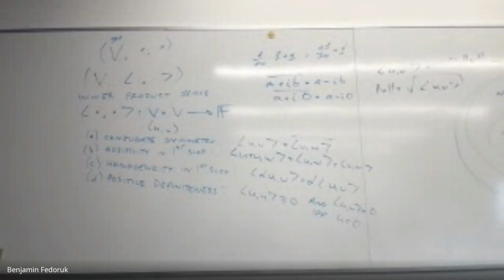And then part 2 is the triangle inequality, which is, does anyone know it? Yes, it should be greater than or equal to, plus norm of b.